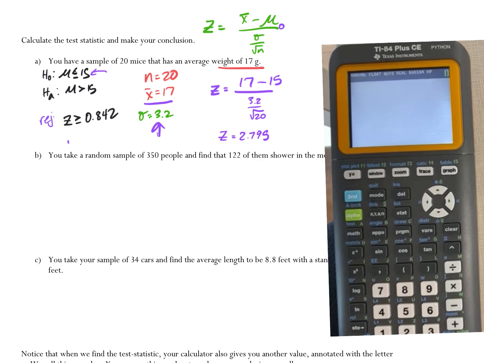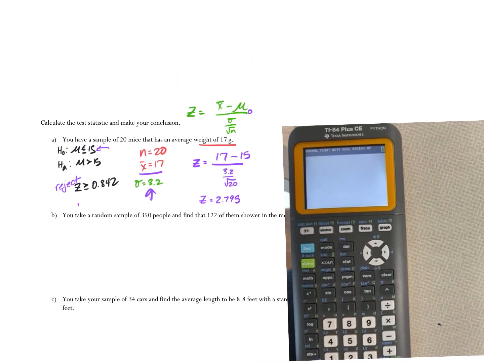Remember, the basic premise here is we have two possible hypotheses. And what we're doing is asking, is it possible we could get 17 far enough from 15 to make us say that alternative hypothesis is correct? If my z is in the rejection region, that means the null hypothesis is not correct, and I can reject the null hypothesis and conclude the alternative.